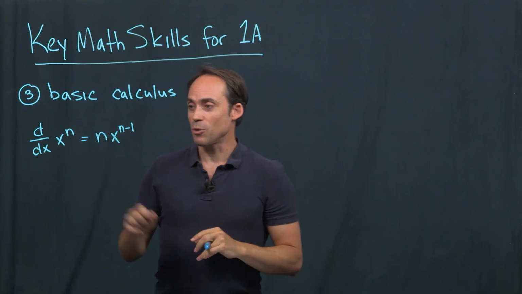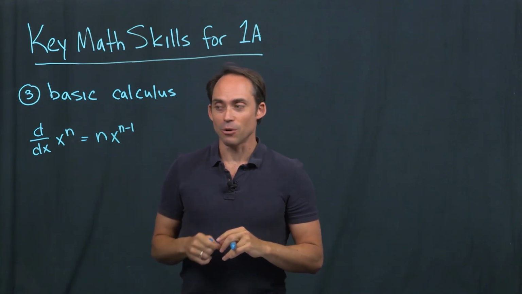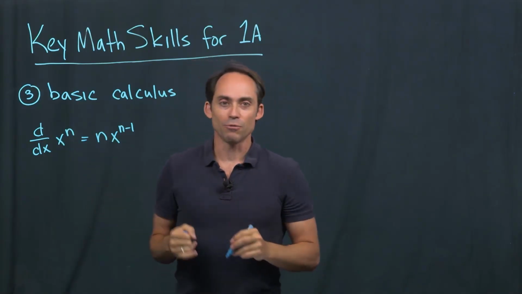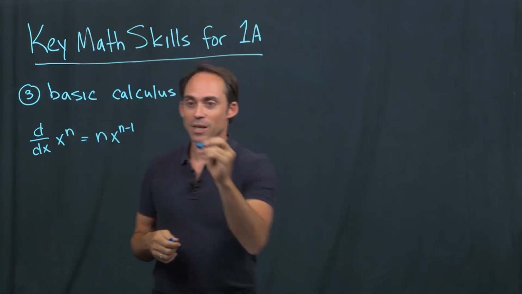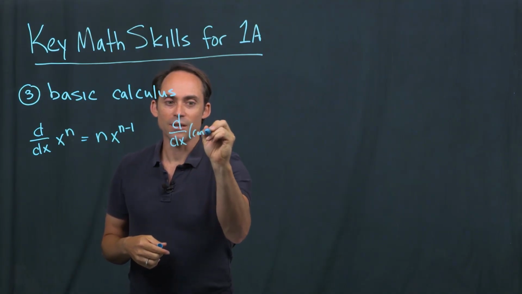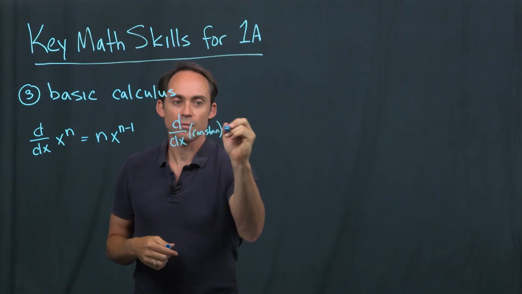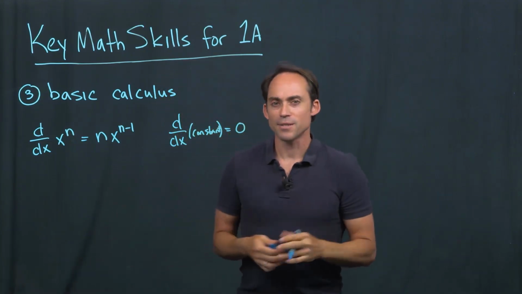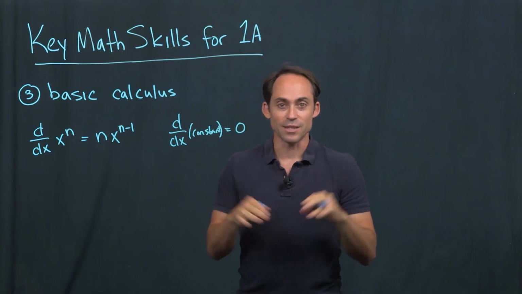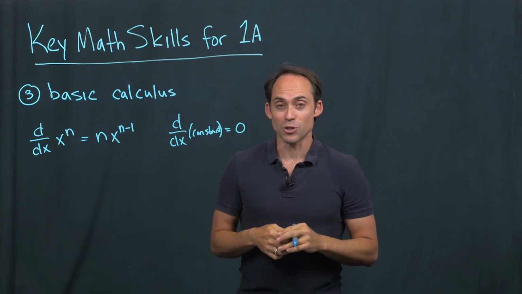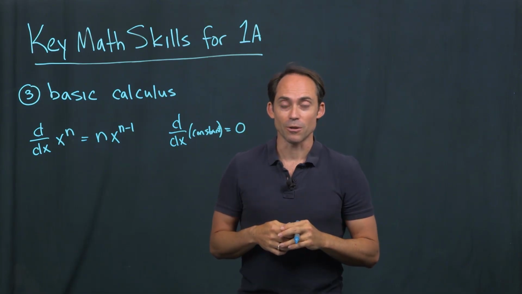And related to this, of course, if the power n is 0, that means you have a constant value. That's going to give you a 0 out in front. And so the derivative of any constant number is always equal to 0. That should make sense, because if you have something that's constant, it's not changing. And the derivative is really about change. And so if there's no change, the derivative is going to be 0.